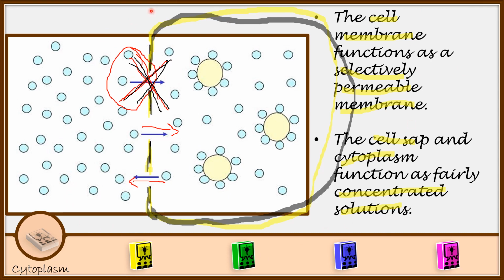So that means that water molecules will flow into the cell faster than the water molecules flowing out of the cell. If more water is entering the cell, it means that the cytoplasm and the cell sap are a fairly concentrated solution compared to the outside world.